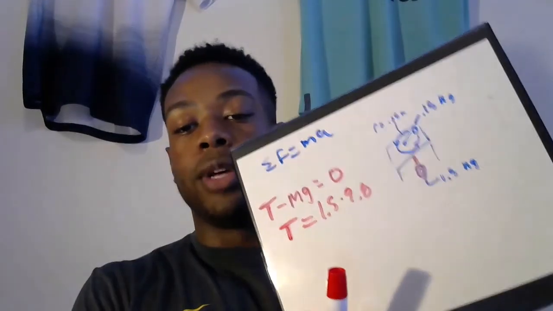Tension is going to be, we don't know it yet. So you can say tension equals, we move the weight over, we're going to use mass 1.5 times 9.8. That's what we're dealing with. A little math. Shouldn't take you long at all. If you're getting 14.7, you're good. Let's move on. If not, let's not.